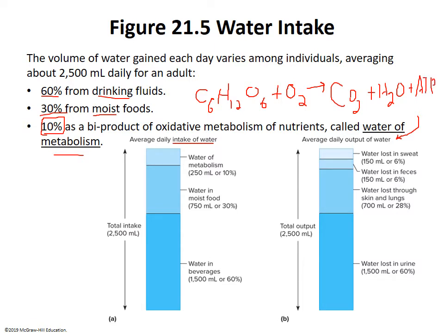That's a bad drawing. But anyway, a big part of the breakdown of this molecule we call glucose is water. That's why we breathe in oxygen and then we breathe out carbon dioxide and water.